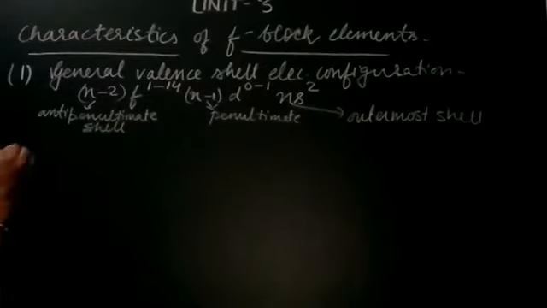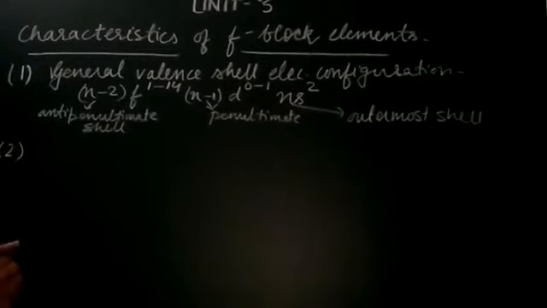Second, the F block element consists of two series. We have two inner transition series, known as the lanthanoids and the actinoids.